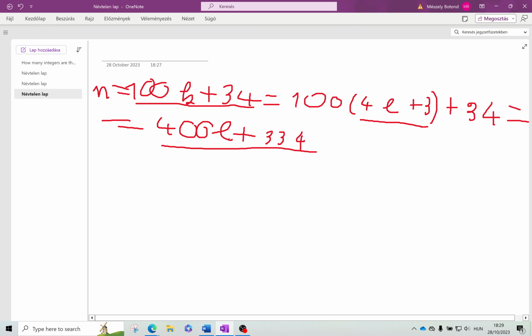Now the other part of the question was which numbers are there between 1 and 10,000. For that, you have to try which numbers are those.